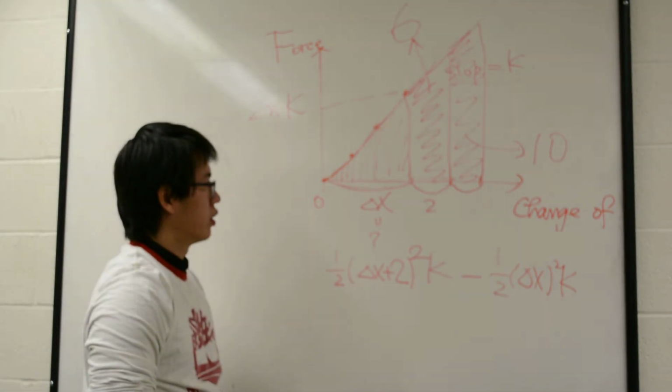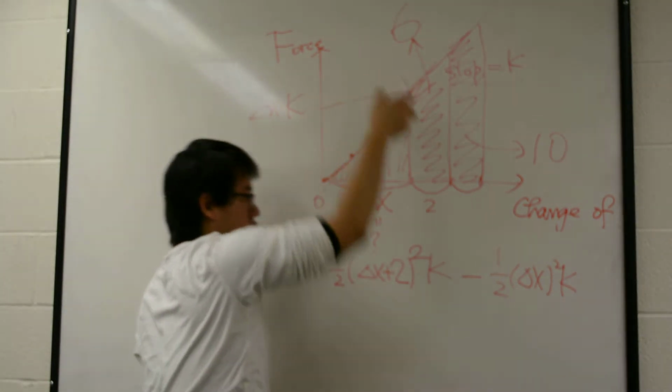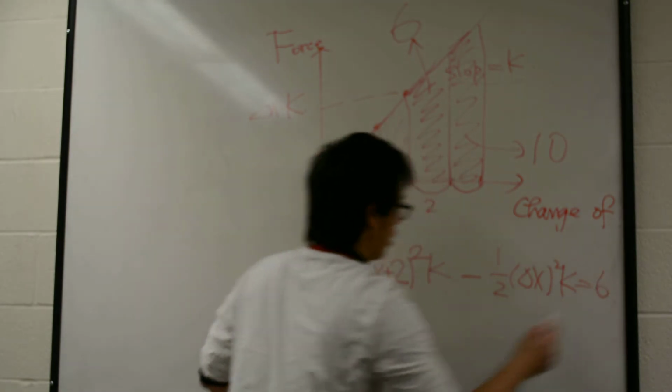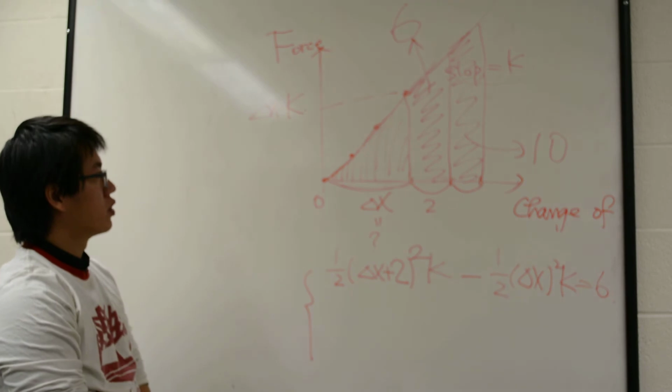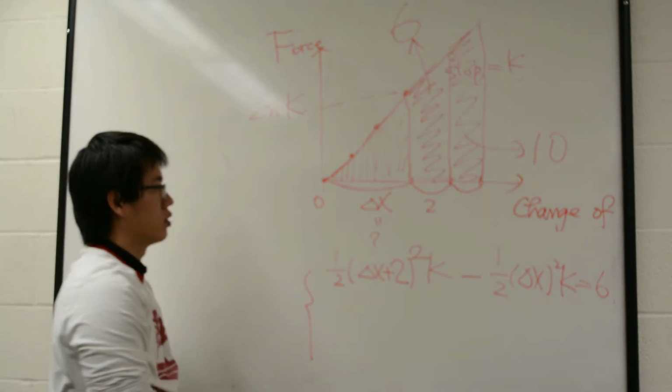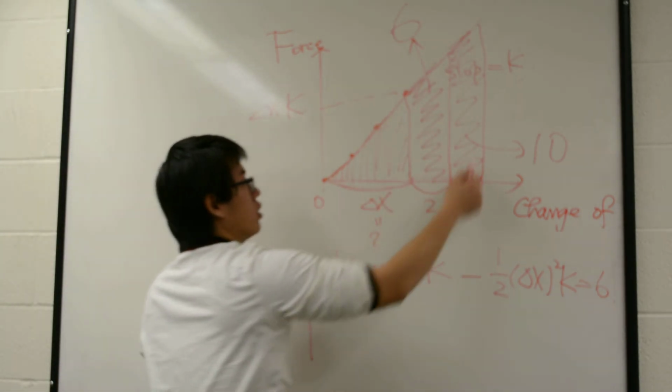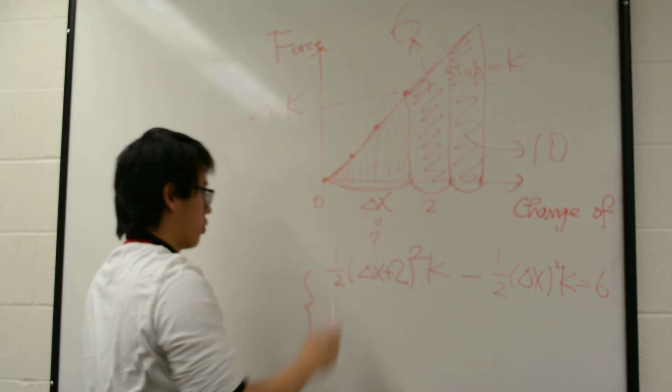And it is equal to 6. Another equation is the big triangle minus the small triangle.